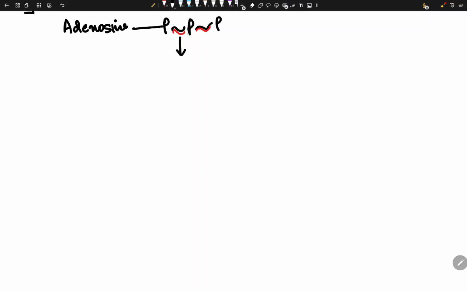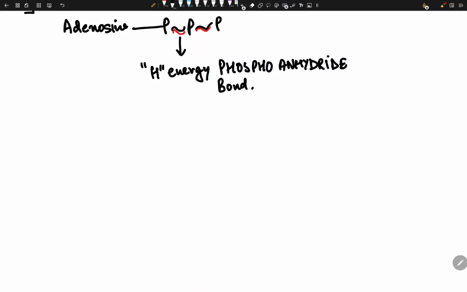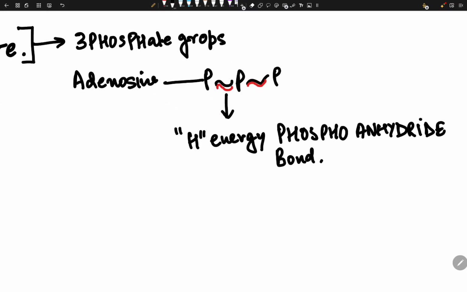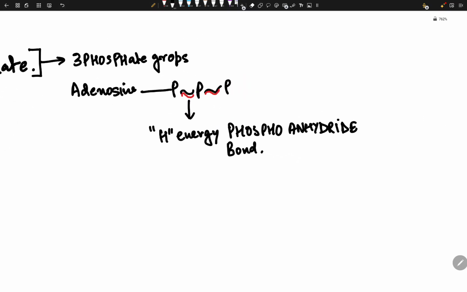Because this squiggle represents a very high energy phosphoanhydride bond. Remember this word, anhydride bond. It is very high energy. We'll study this high energy later because I'm building this concept step by step, okay? Just be with me.